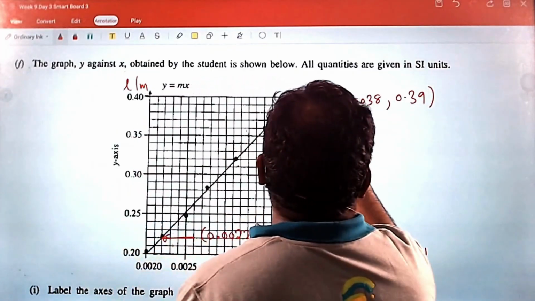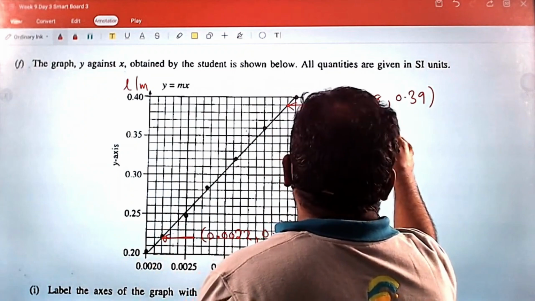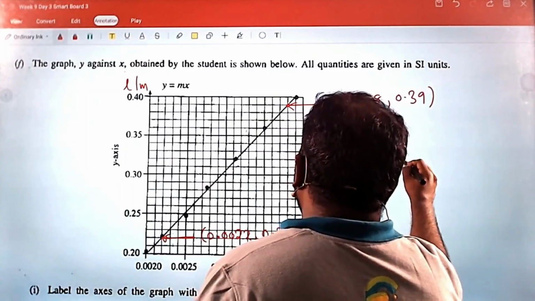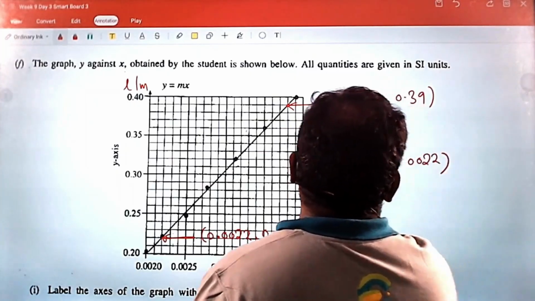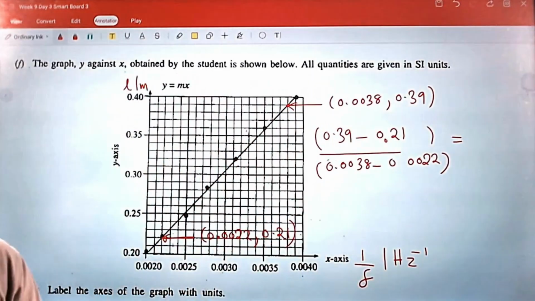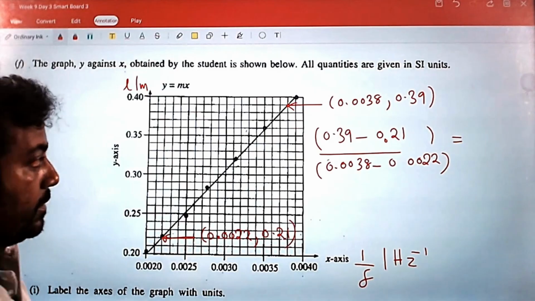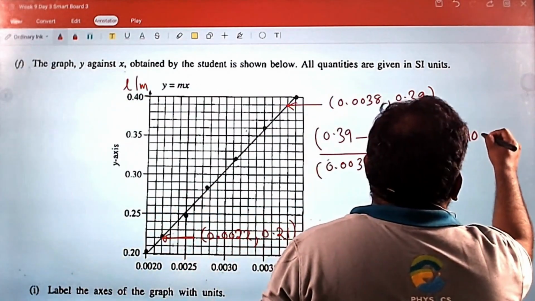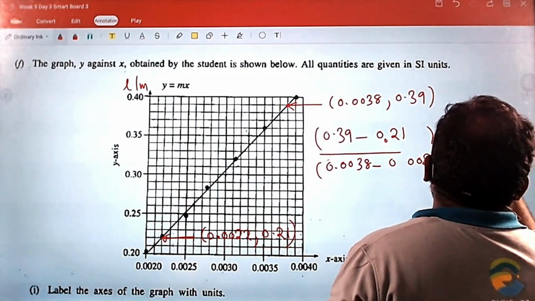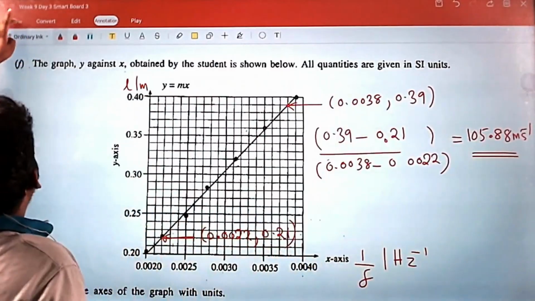So the gradient of the graph is y2 minus y1 divided by x2 minus x1. Simplify the relationship and you can obtain the answer. The gradient of the graph is 105.88. Gradient is in meters per second. Don't forget to put the units. That's the gradient.